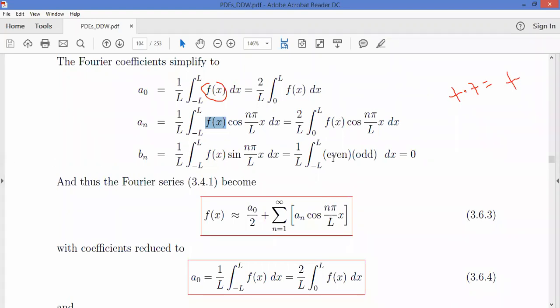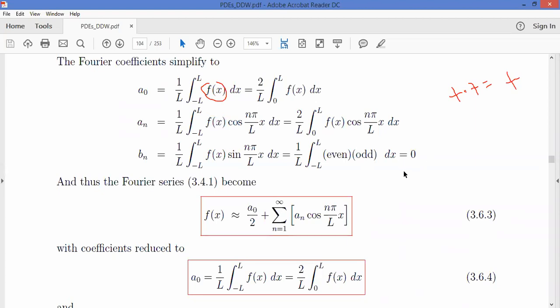And lastly, guys, Bn. What is Bn? Bn is 1 over L integral of that. And remember, f(x) is even, but sine is odd. Even and odd is odd. And we said if you have this integral, but the function is odd, it is 0.